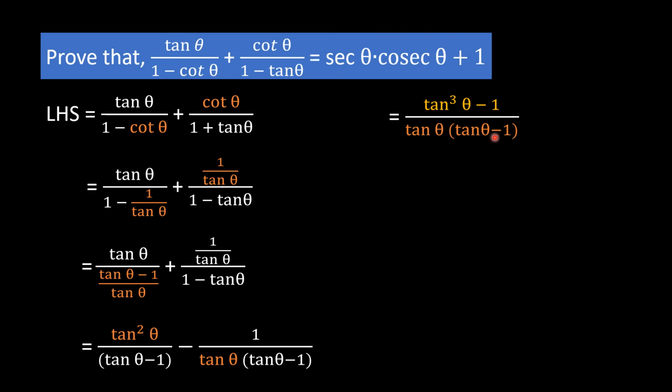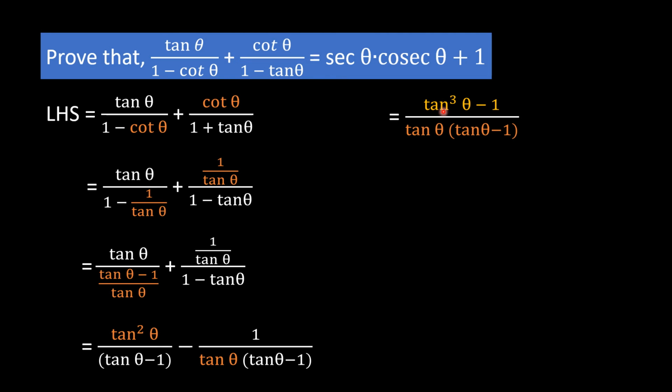This tan theta minus 1 gets cancelled and tan theta is left. This tan theta multiplied by tan square theta will be tan cube theta. Now this LCM divided by tan theta multiplied by tan theta minus 1 will be 1. So 1 multiplied by 1 will be 1. So it will be tan cube theta minus 1 in the numerator.